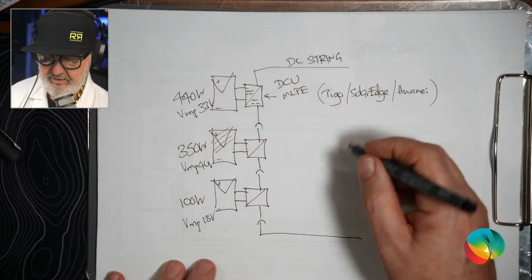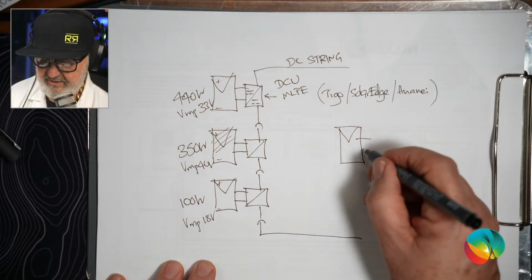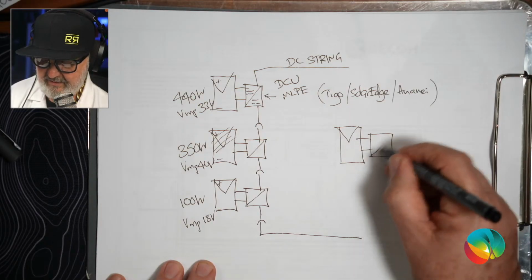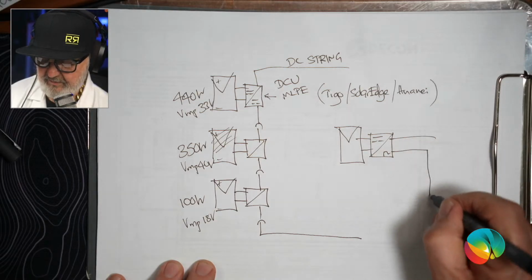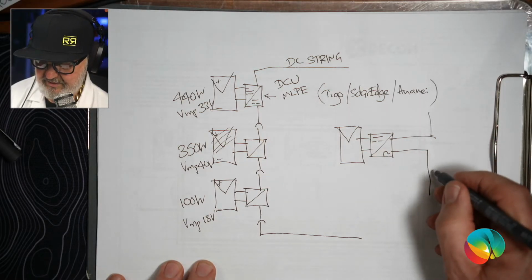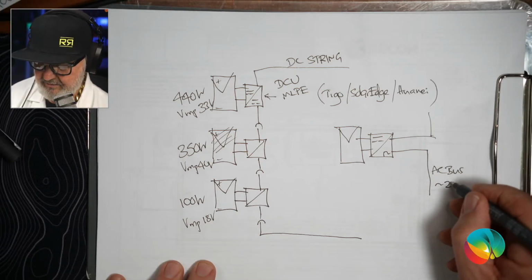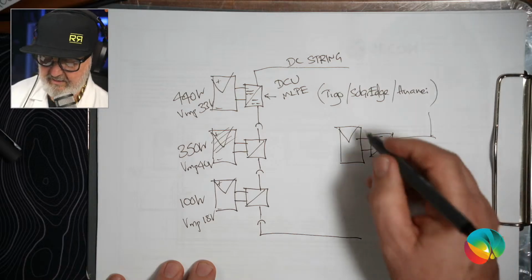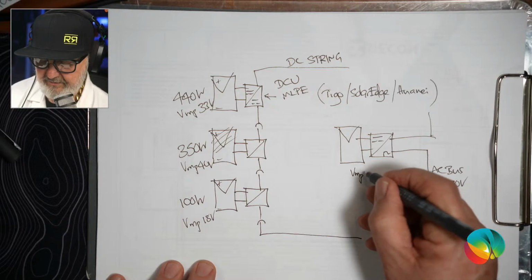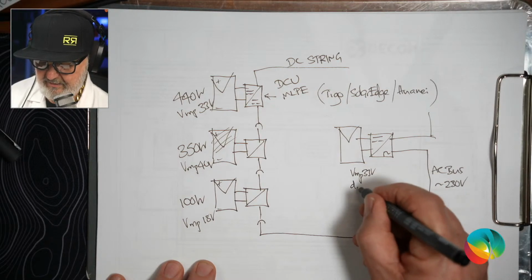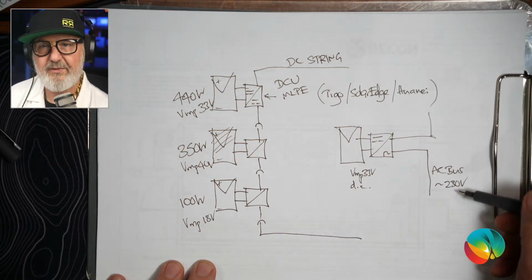There is another approach. I won't draw the whole thing again, and that is to use DC to AC conversion, commonly called a microinverter. And so now we've got an AC bus. Let's say it's single phase, so it's 230 volt nominal, but we've got DC coming in. So we might only have a VMP of 33 volts DC, but we're outputting 230 volts AC out of every module.